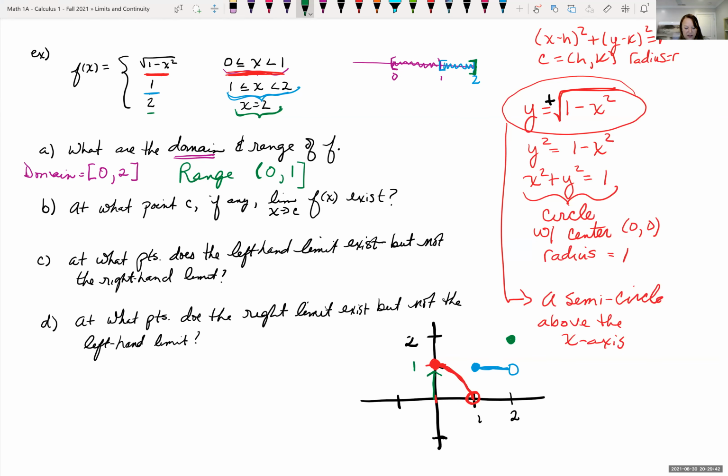There's no value of x that would give me that y value. So I will put a union here, meaning I'm also including the y value when y is 2. When x is 2, y is 2. So I do have a y value that I get back of 2, but that's just a single point. So how we can denote that is just by the set notation, so plus the set of the number 2.